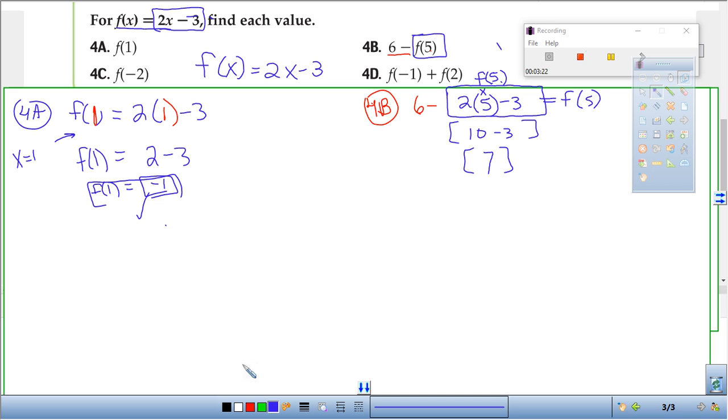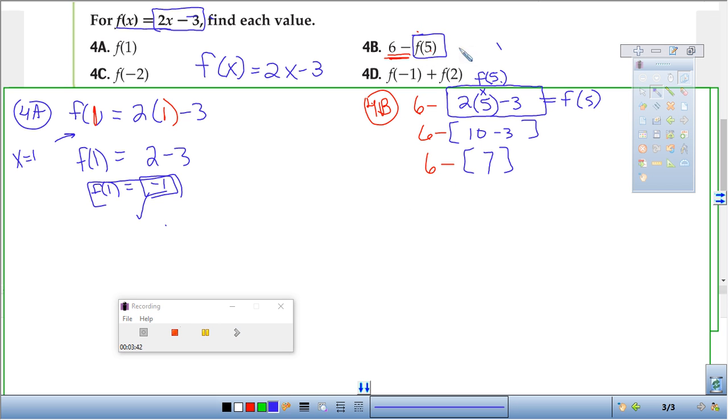So now from the original problem, don't forget this, I have 6 minus whatever f of 5 was. How did you get the numbers in the box? Okay, if you look at this blue part, f of 5 is really this part over here.